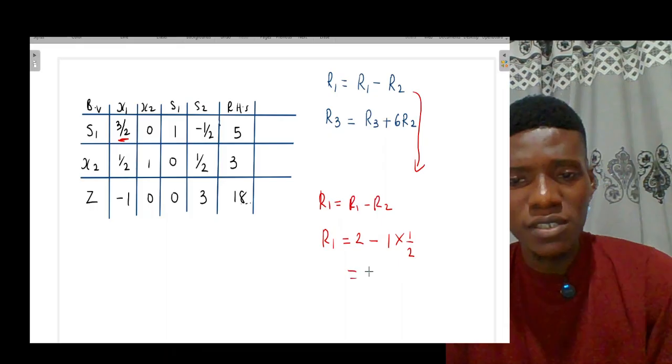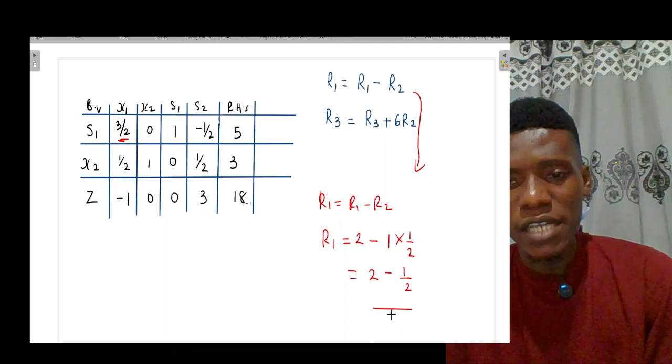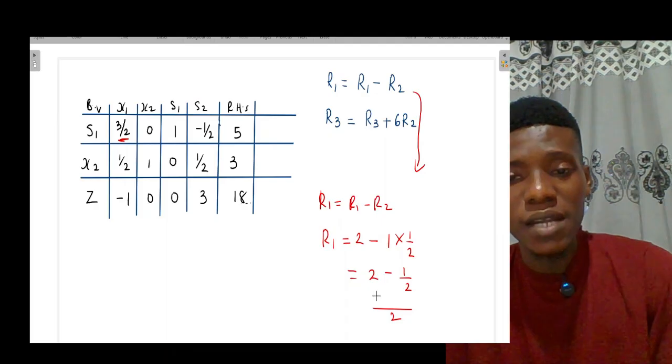And this gives us 2 minus 1 over 2. And if you do the maths, you have 4 minus 1, which is 3 over 2. And that's how they got this.